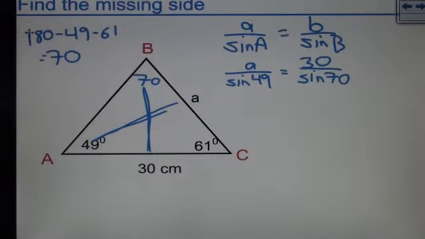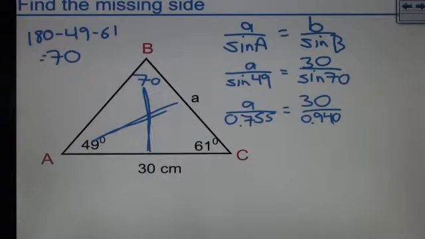We eliminate the sines in the calculator by just putting them through. So sine 49, we get 0.755. Sine 70, we get 0.940. And again, we will cross multiply the 0.755 up here, so it will become multiplied when it comes over.